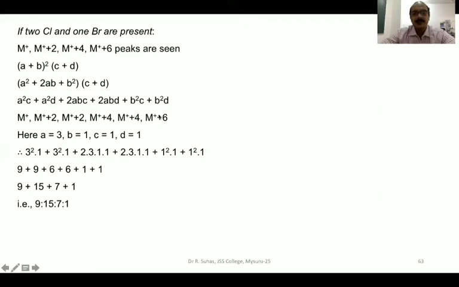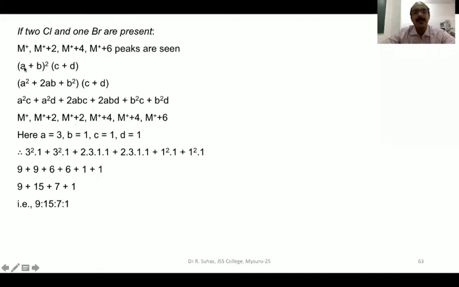In this case, A square C is M+, A square D is M+2, 2ABC is M+2, 2ABD is M+4, B square C is M+4, and B square D is M+6. We know why: because A is light, B is heavier, C is light, D is heavier. In AC, both are light isotopes, so it becomes M+. In AD, this is lighter, this is heavier, therefore it is M+2. In ABC, 2 are heavy, one is light, so it becomes M+2.